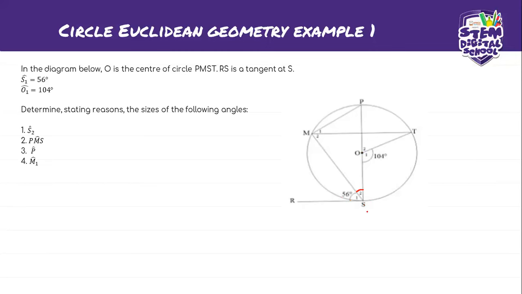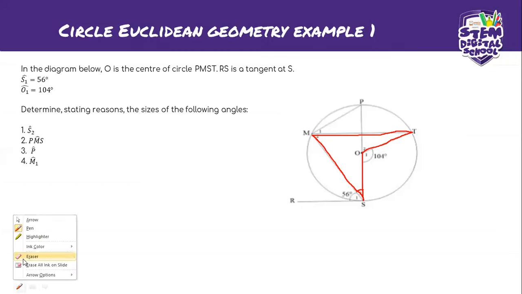Can you see that? First, we have this one of M, T, and S. If you remember this theorem here with a center here, I hope you recognize this theorem, right? Let me remove this.